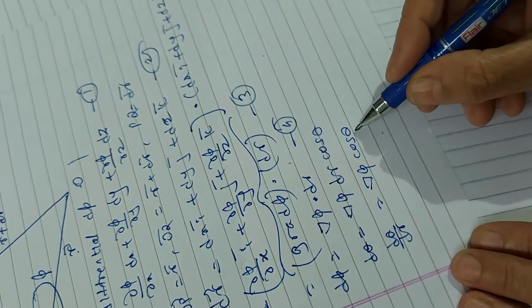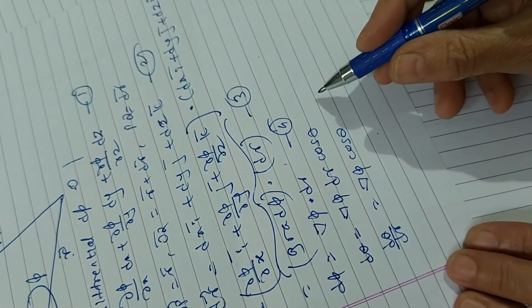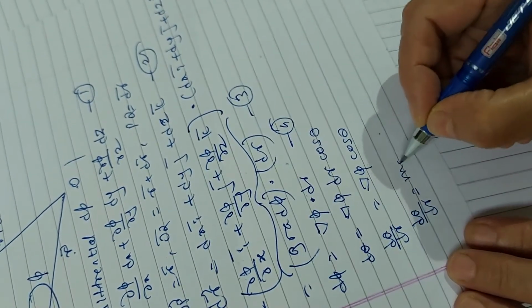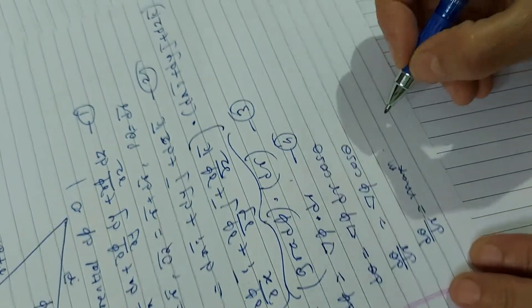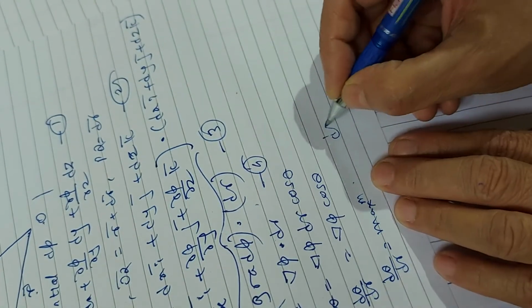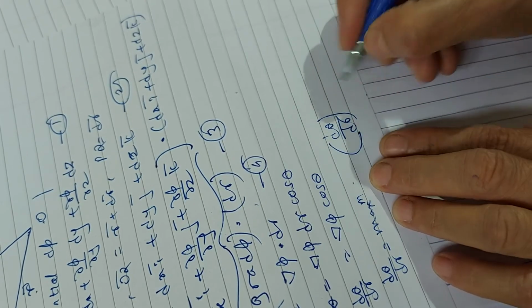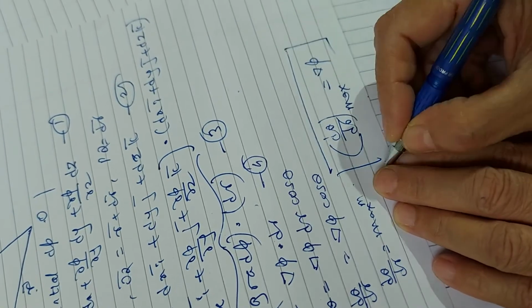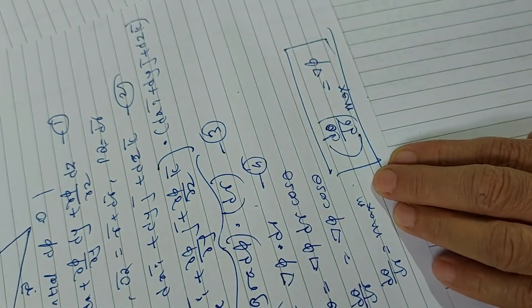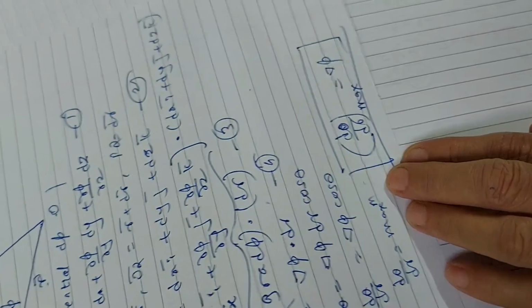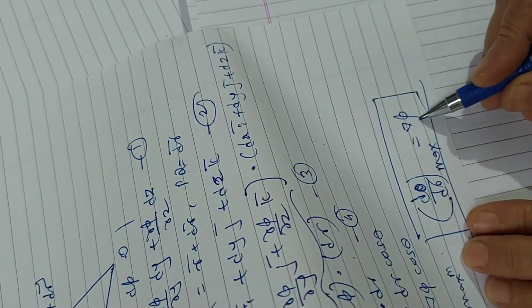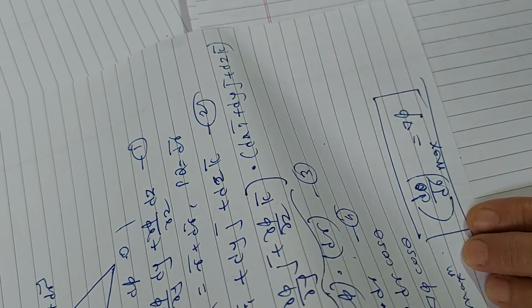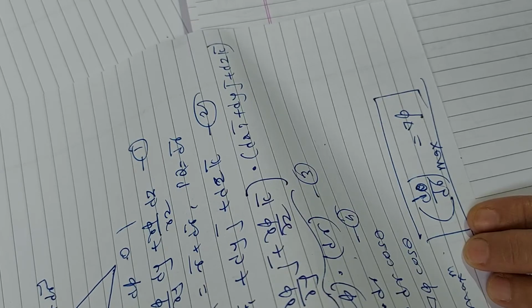So when theta is 0, everybody knows cos 0 is 1, correct? At that time d phi by dr will be maximum, which is del phi. So the magnitude of del phi is the maximum space rate of change of phi at a point, correct?